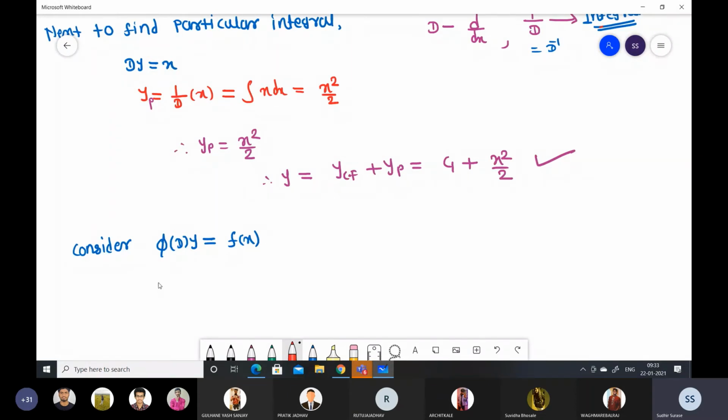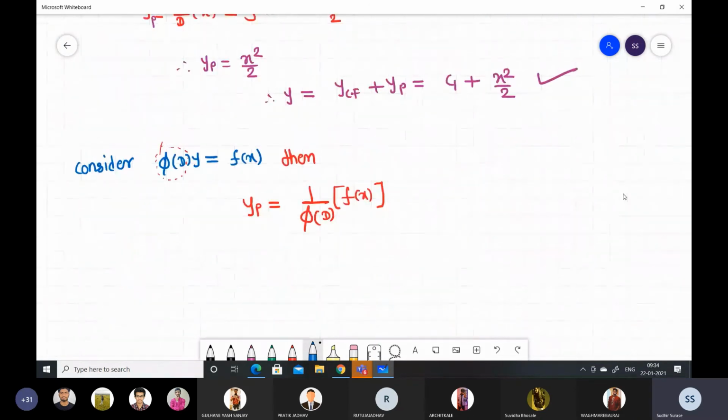Now yp is given by the formula 1 upon phi of D, taking this operator, the auxiliary equation, to the denominator, 1 upon phi of D operating on the right hand side function f of x, and we have to solve this further according to the auxiliary equation. So we have to take that operator as it is to the denominator and operate it on the right hand side function.